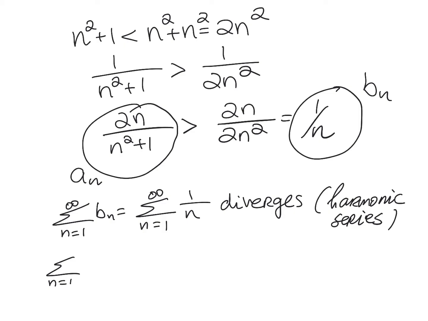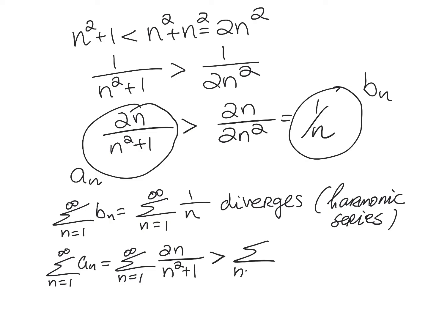And so the summation from 1 to infinity of a sub n, the unknown series, n equals 1 to infinity of 2n over n squared plus 1, is greater than the sum from n equals 1 to infinity of just 1 over n, which is our b sub n series.